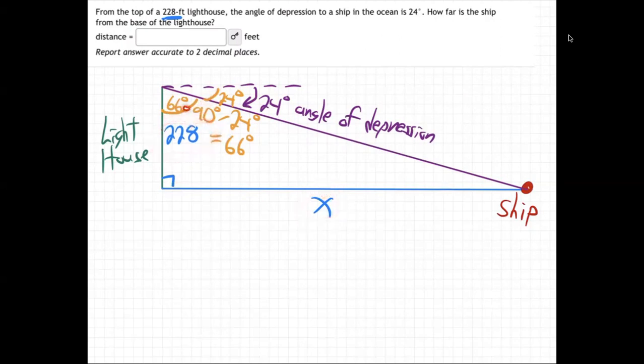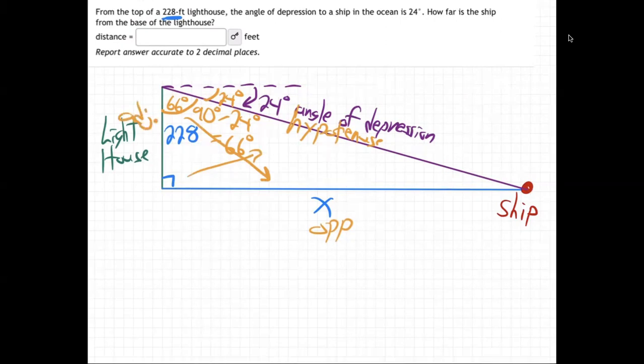From the 66 degree angle's perspective, the X is the opposite side. This side is the hypotenuse, as it always is, because it's across from the right angle. This is opposite the 66, which makes the lighthouse side the adjacent side.